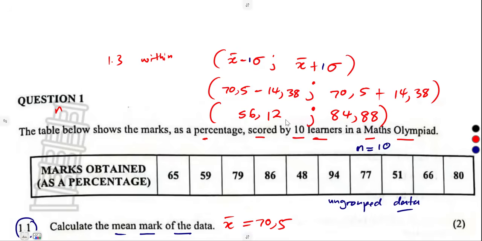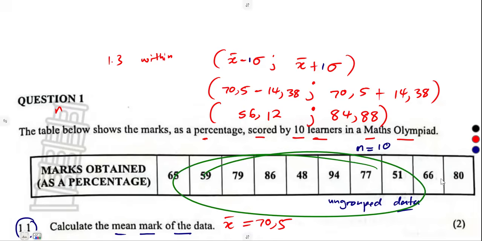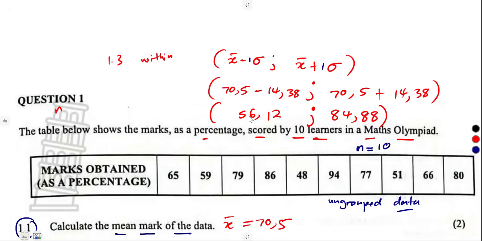So within these values, which values are we talking about? Those that are more than 56,12. As you can see the decimals, we're talking about numbers that are greater than that. Talking of whole numbers, we talk about 57, 58, 59, and so on. But these numbers are supposed to be on this data. So let's take anything that is above, but it must be less than 84,88.